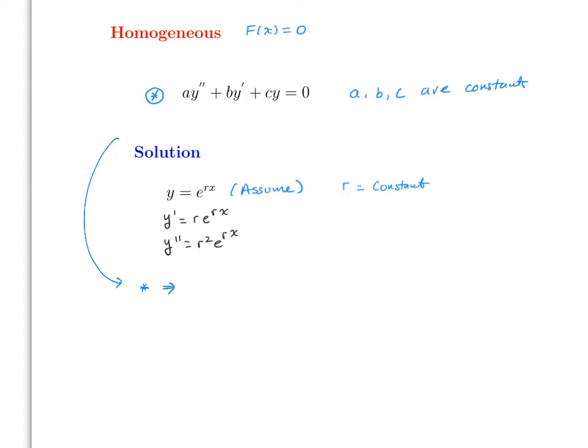We will have a r squared e to the rx plus b r e to the rx plus c e to the rx is equal to 0. Notice that clearly from here you can factor out the e to the rx. So this will give you e to the rx times (a r squared plus b r plus c) is equal to 0.